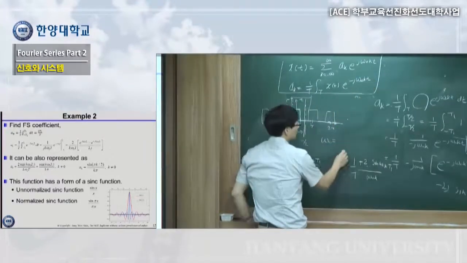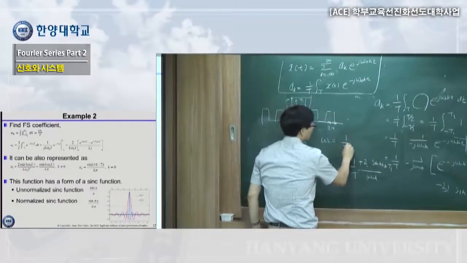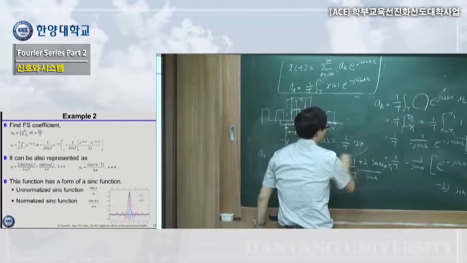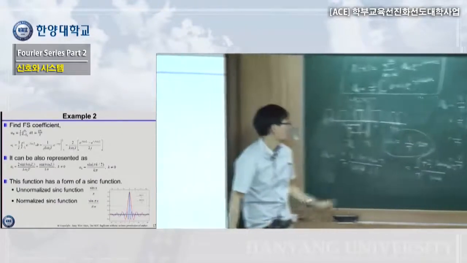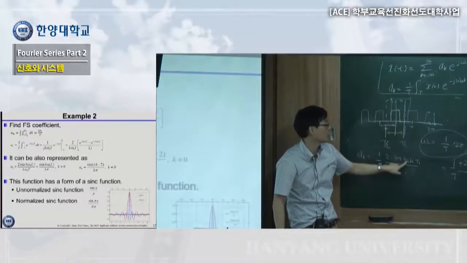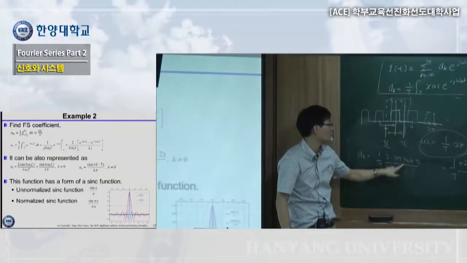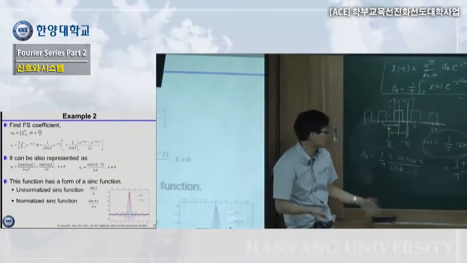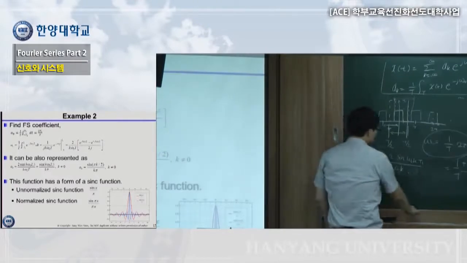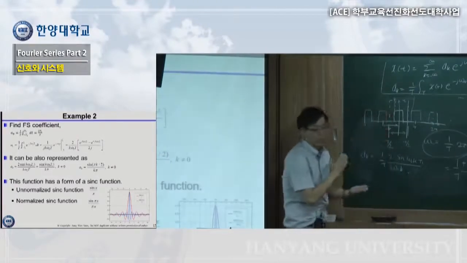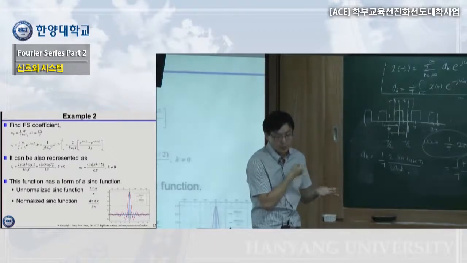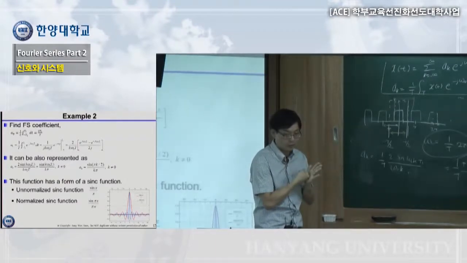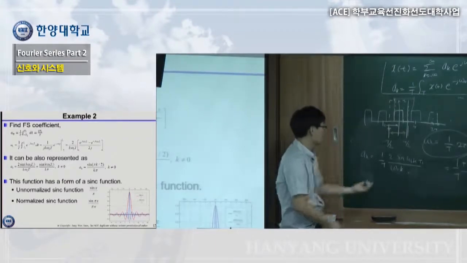So what's the fundamental frequency? 1 divided by T times 2 pi. Right? So you can switch this omega 0 to 2 pi by T without any difference. So if you do that, then there's a kind of difference. One thing to note is this form.